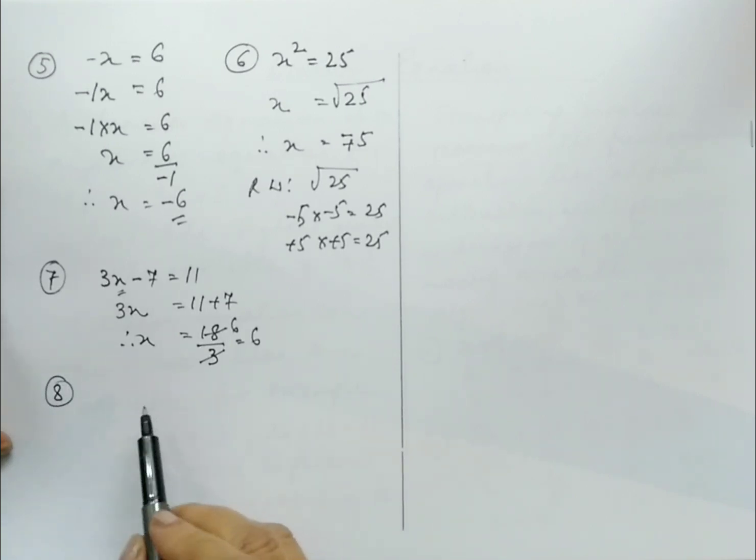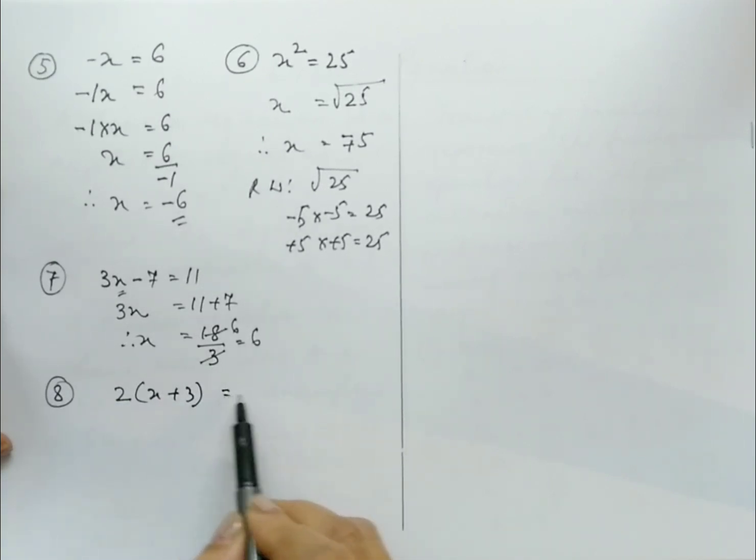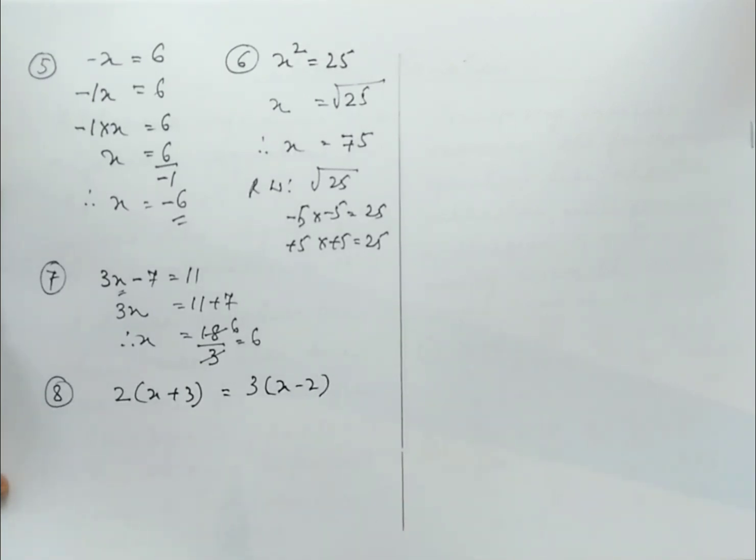All right, now I am taking you to some more complex ones. Now say you have 2(x plus 3) equals 3(x minus 2). Now there is an involvement of brackets over here. Small bracket, this is a first bracket.